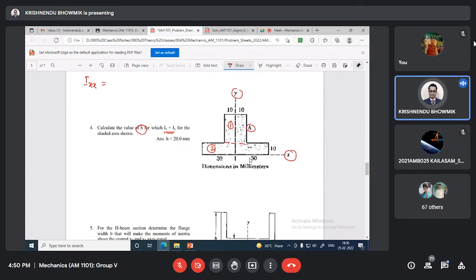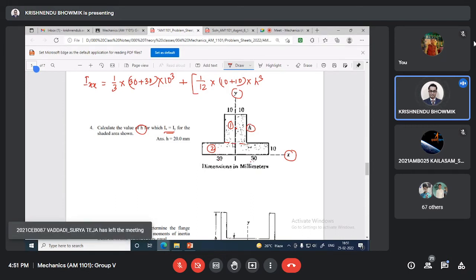IXX value for part 1 will be 1/3 multiplied by base 30 plus 30 multiplied by height cube, 10 cube. Now for case 2, this is the centroid: 1 by 12 multiplied by base 10 plus 10 multiplied by height cube, h cube, plus area.